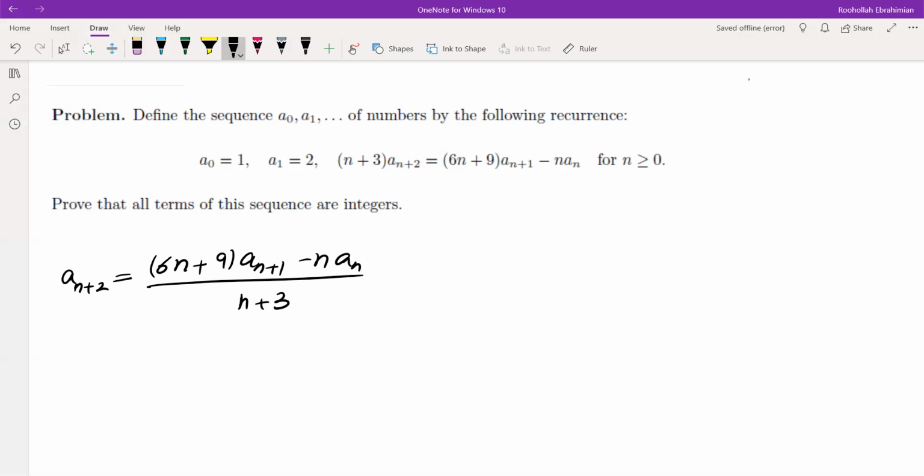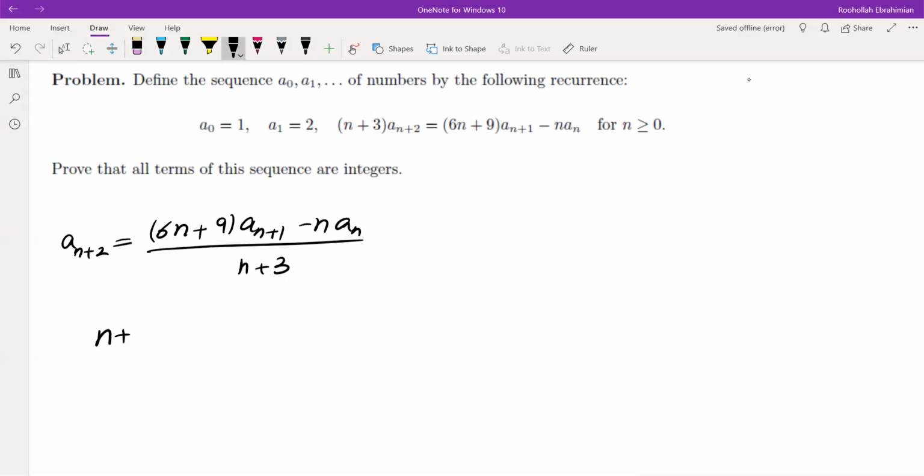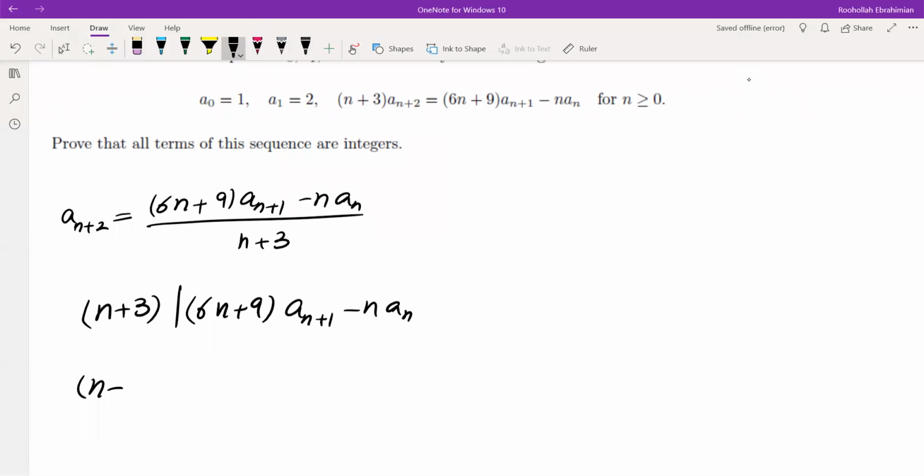That's a good thought, because this sequence is given by a recursion, so it's a good idea to use induction. However, the problem is, if I want to use the fact that n plus 3 divides (6n plus 9) a_{n+1} minus n a_n, then the next step would be to show n plus 4 divides something similar: (6n plus 15) a_{n+2} minus (n plus 1) a_{n+1}.